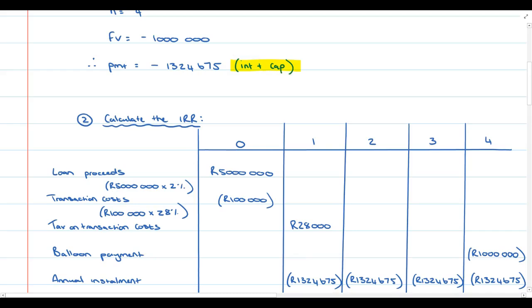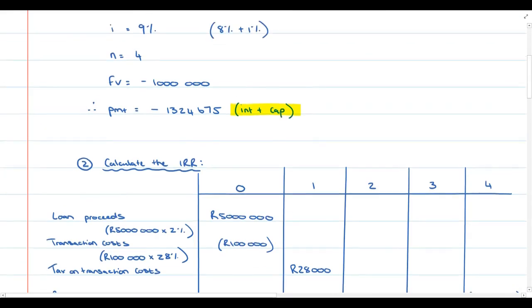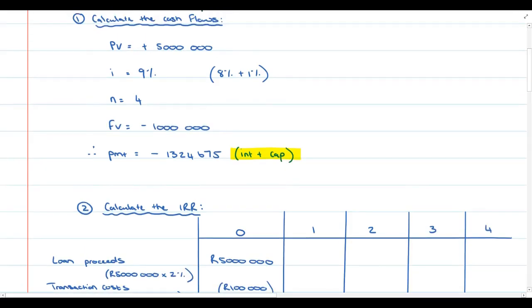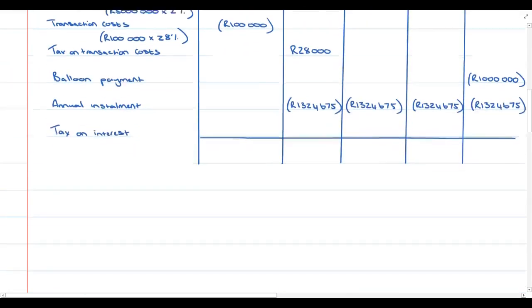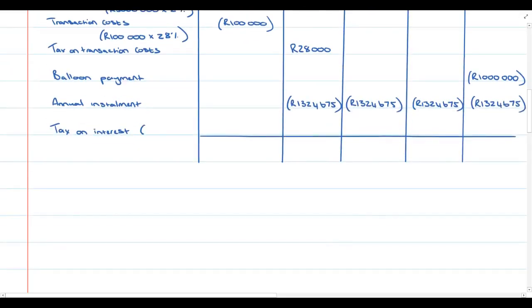Now, that's why I told you to keep all of this information over here in your financial calculator, because we are going to use the amortization function in our financial calculator in order to determine the split over here between interest and capital. So this is a separate calculation.